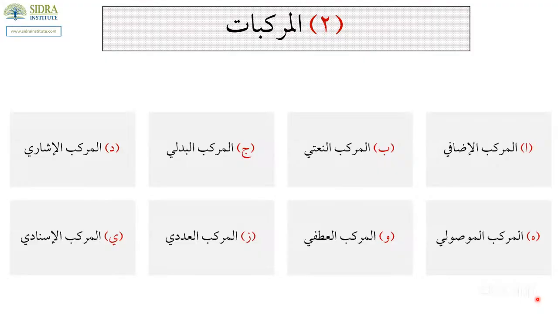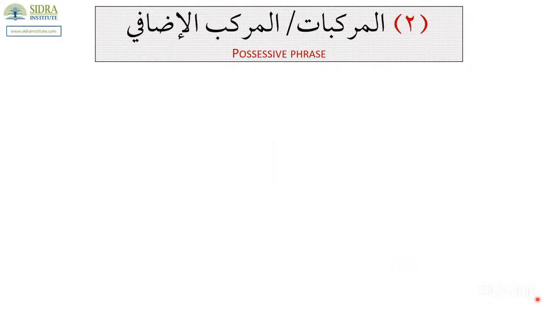So al-Murakkab al-Idafi, al-Na'ti, al-Badali, al-Ishari, al-Mawsuli, al-Atfi, and al-Adadi. All these up until there, they are incomplete phrases, and the last one will be a complete phrase. So let's delve into these a bit more. So a possessive phrase. What is a possessive phrase?